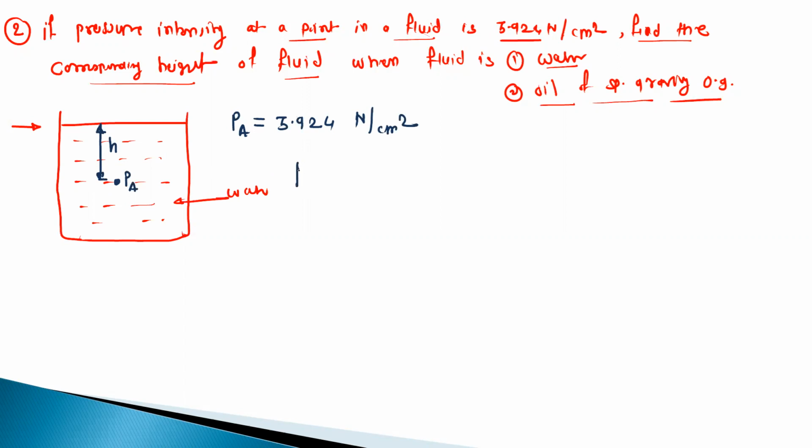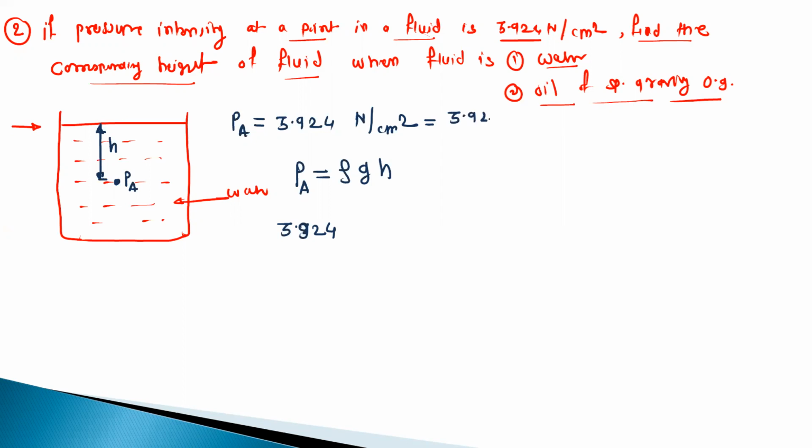So we will use the hydrostatic law. P is equal to rho g h. So P is given, so this is PA, which is 3.924 Newton per centimeter square. Okay, so you can convert this value in terms of Newton per meter square. So how to convert that?